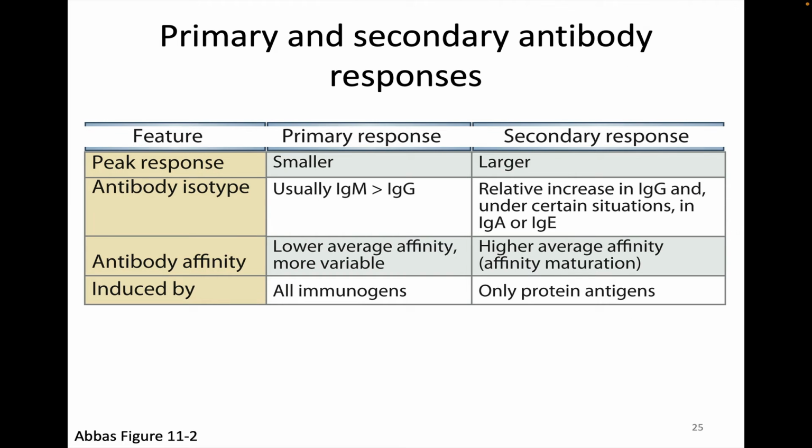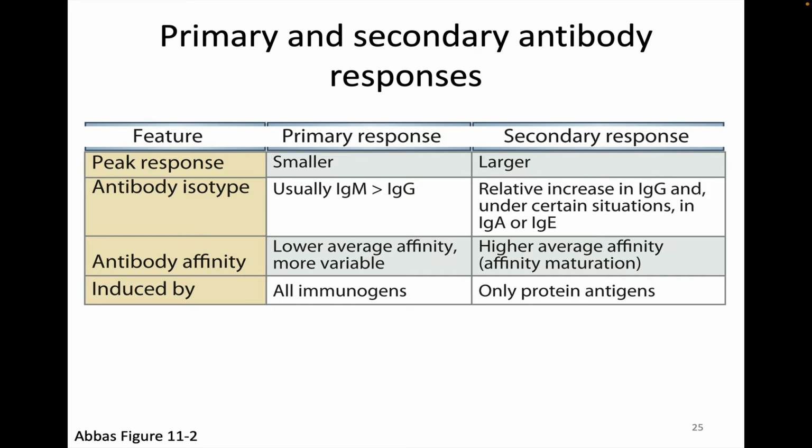And you can see this table doing a similar comparison and contrast. So you can see that the secondary response is larger than the primary response. The primary response is usually mostly IgM, while the secondary is mostly IgG. In the primary response, we have lower affinity, whereas in the secondary response, we have higher affinity because we've undergone affinity maturation.